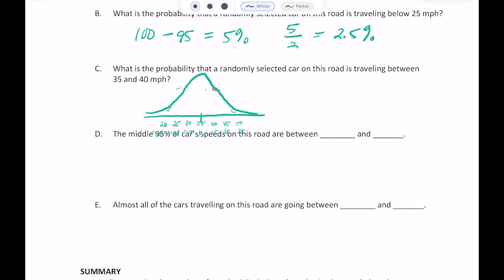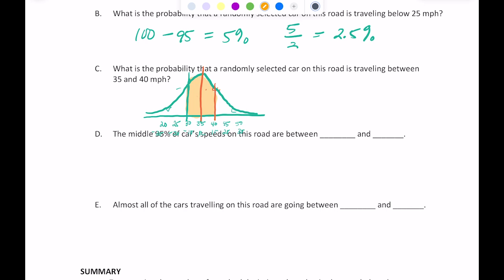So now I'm looking for 35 and 40 and in between, right? Let me use a different color here. So 35 is here and 40 is here. There's a couple ways you could do this. One way that stands out is, if you'll remember, between here and the furthest orange flag, that's 68% of the data.